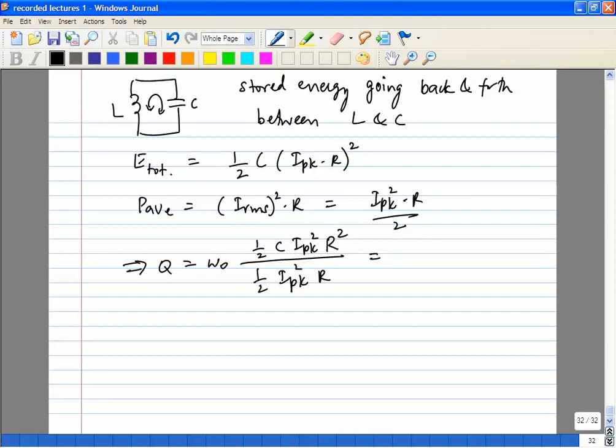So this means it's C R over root LC, which equals R over root of L over C.